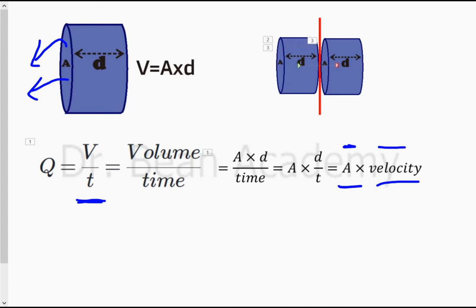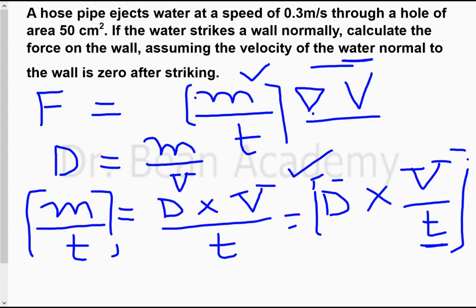So let's go back to the problem. Okay, so we already know the velocity, which is 0.3 meter per second flowing through the hose pipe, and we are also given the hole area, 50 centimeter squared.